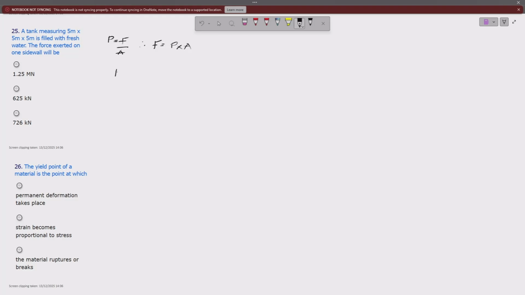And now we know our pressure to be rho g h. That is the density of the water times acceleration due to gravity times height. Okay, so we know our density of water, H2O, equals 1000 kilograms per meter cube. We know our g, acceleration due to gravity, let's take it to be 10 meters per second squared. We know our height.